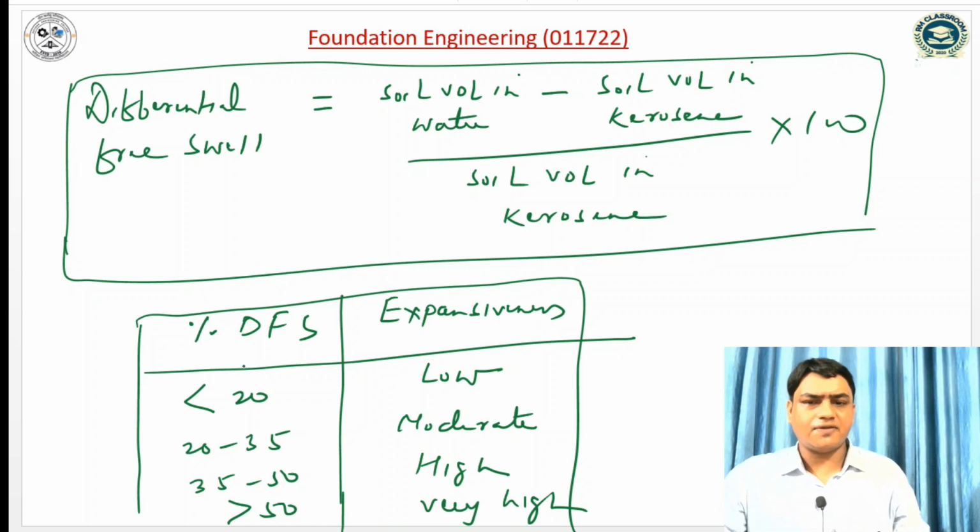So if a soil has a differential free swell value less than 20, then expansiveness is low. 20 to 35, then it is moderate. 35 to 50, then high, and greater than 50, then it is very high.